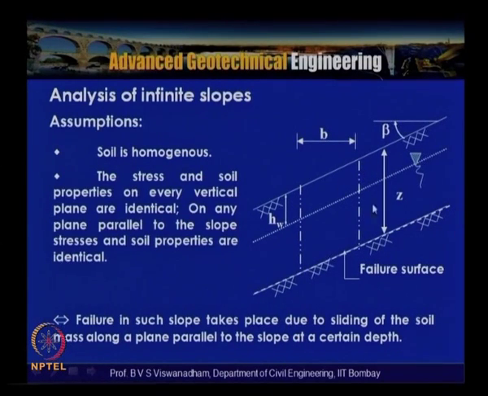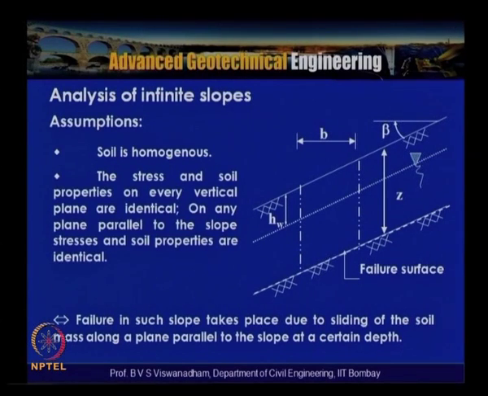So, consider a block where small b is the horizontal distance. Per meter length or unit length perpendicular to this is considered. So, the area over which this block is sliding is b into 1 units, that is b meter square.